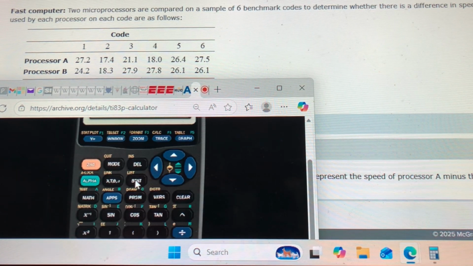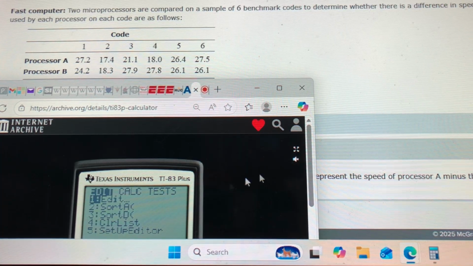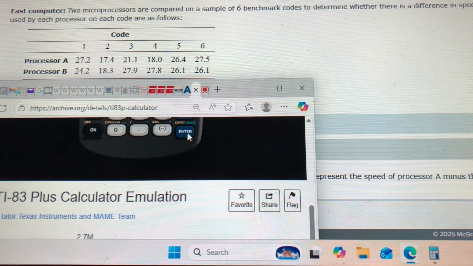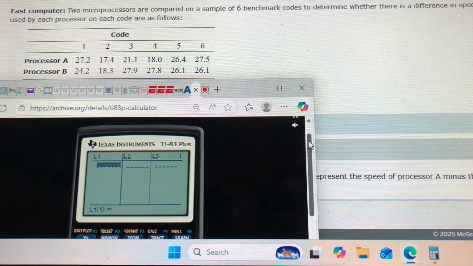So I'm going to go to Stat, and while it's on Edit, press Enter. Every time I come in here it's blank right away, but you probably still have data from previous problems, so clear it out first by going up to the top and hitting Clear, Enter.